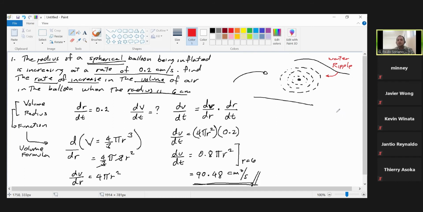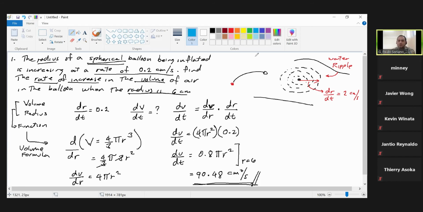So what's the information given to us here? The information is dr/dt. The radius is increasing, becoming wider, right? So we have dr/dt, which is now what? 2 centimeters per second. So 2 cm per s. Then what are we looking for?